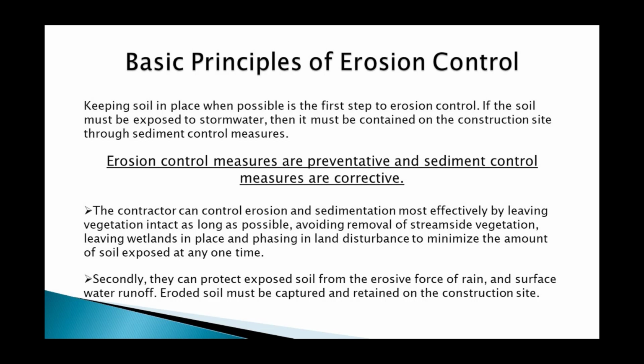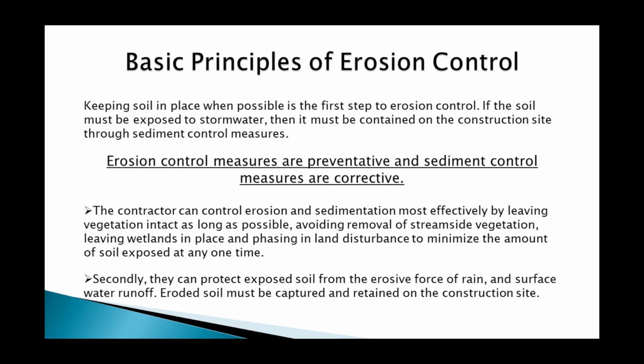Sediment control is keeping the soil on the site so that it cannot get off the site during construction. That includes constructing silt fences, sediment barriers, sediment traps, sediment basins, and diversion dikes, and other assorted erosion control measures.